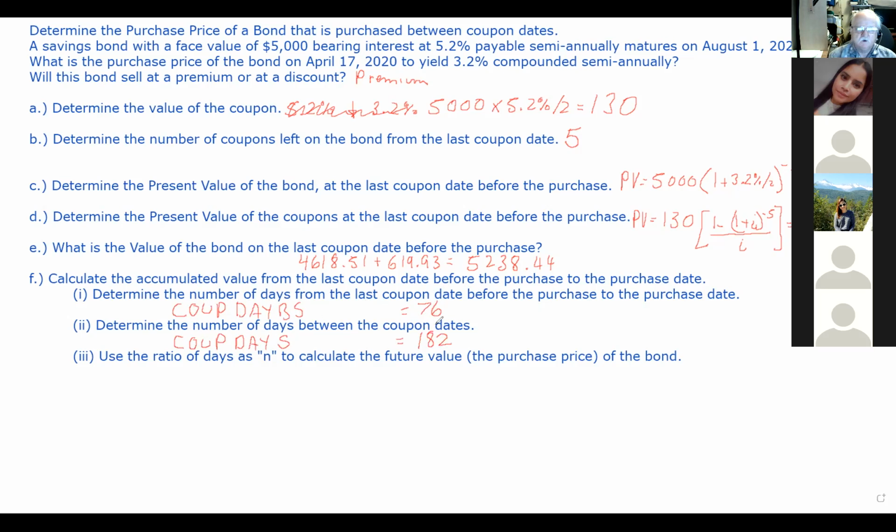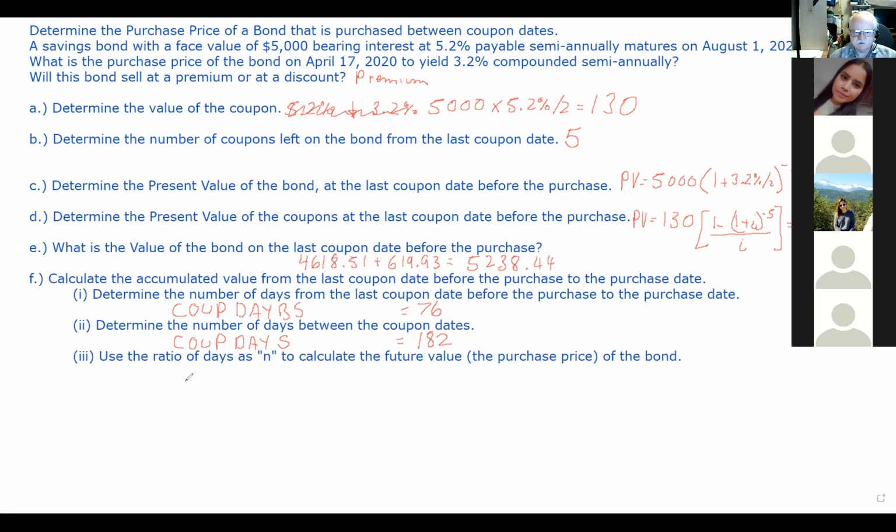So then we use the ratio of days as n to calculate the future value of the bond. So we're going to take this amount here because this is what the bond was worth on the last coupon date. And we've got to move it forward for 76 out of 182 days.